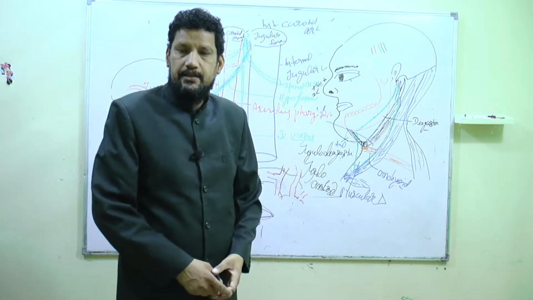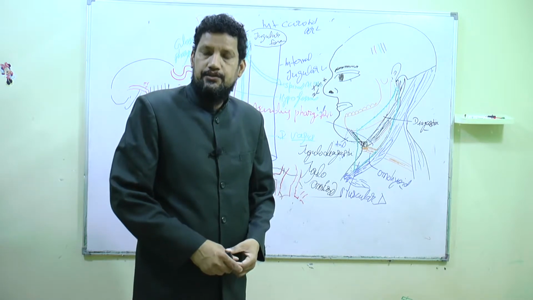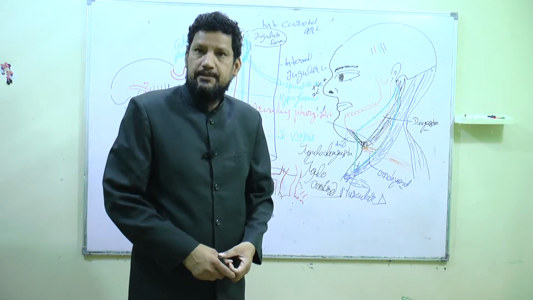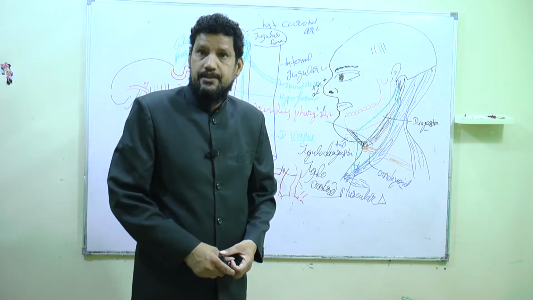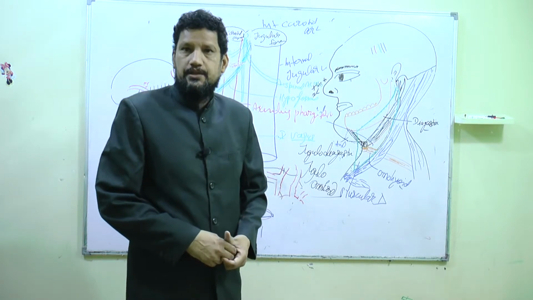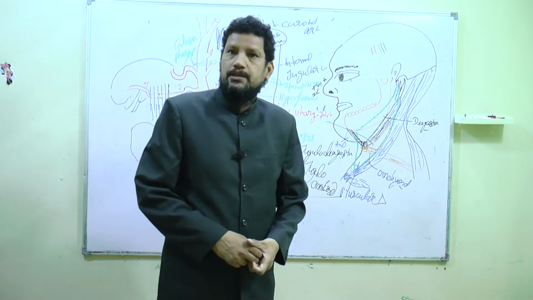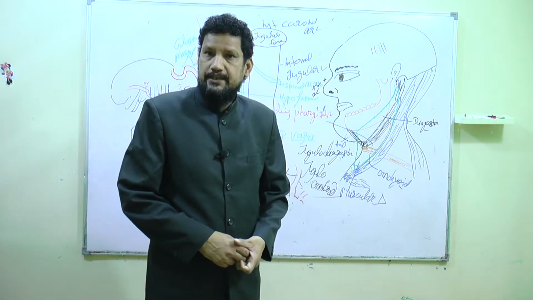The digastric triangle is the triangle which is formed between the two bellies, the anterior belly and the posterior belly of the digastric muscle, as the name tells about the muscle. The digastric muscle has two bellies.